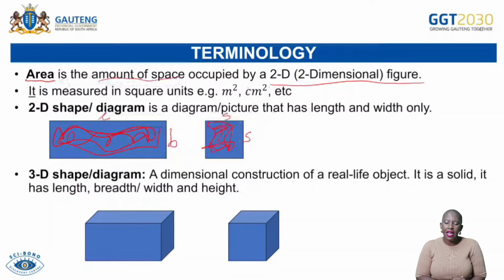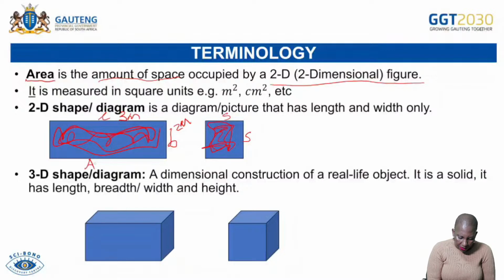And then remember, area is measured in what? Now in square units. So area is measured in square units. For example, your millimeter square, say, or meter square. Say here the length is 3 meters, and then the width is 2 meters. And then if I'm to calculate the area there, there's a formula.